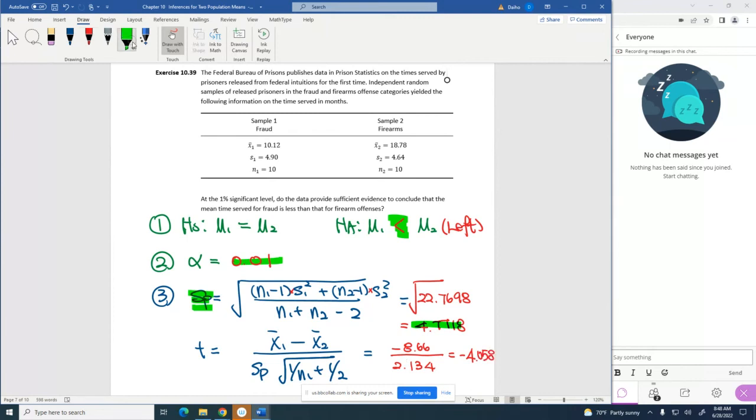I have a test statistic, t-score, negative 4. Anybody? Negative 4 something? Did you get 4.77? Yeah, I did it.